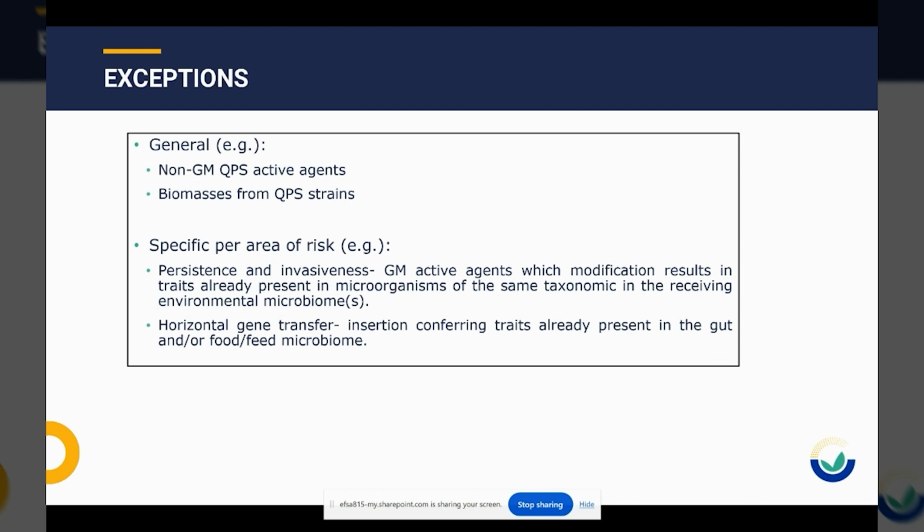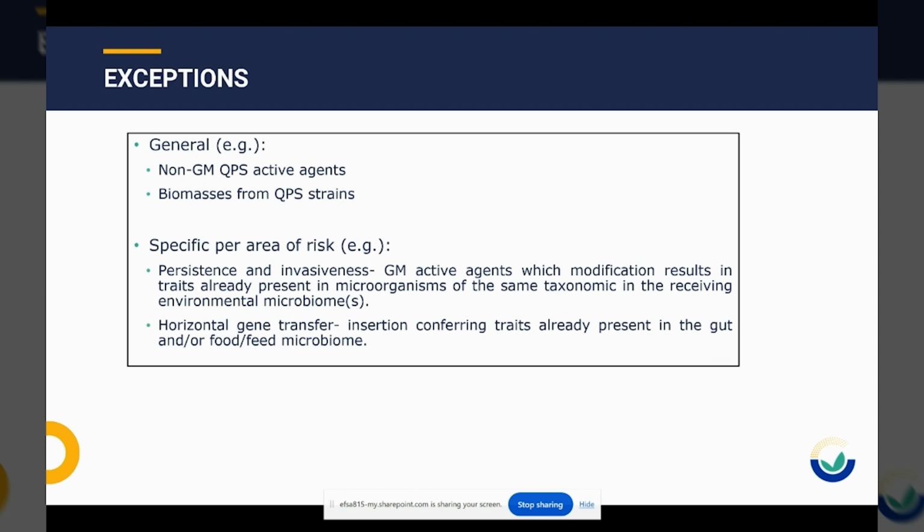And in the same case as before, there are indications on the cases in which, depending on the circumstances, this assessment does not need to be done. For example, non-GM QPS active agents or biomasses which are obtained from QPS strains do not need to follow this section of the guidance.